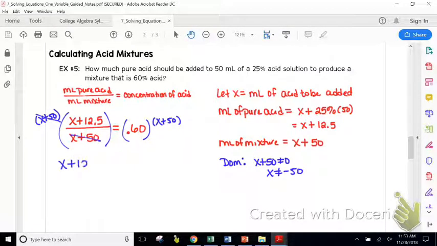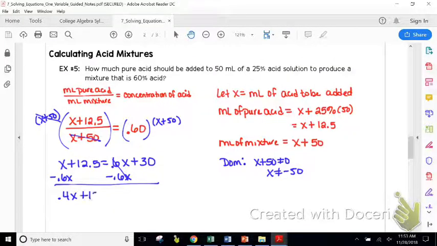So we got x plus 12.5 equals 0.6x plus 30. Solve for x, so subtract the 0.6x. So 0.4x plus 12.5 equals 30. Subtract the 12.5. 0.4x equals 17.5.